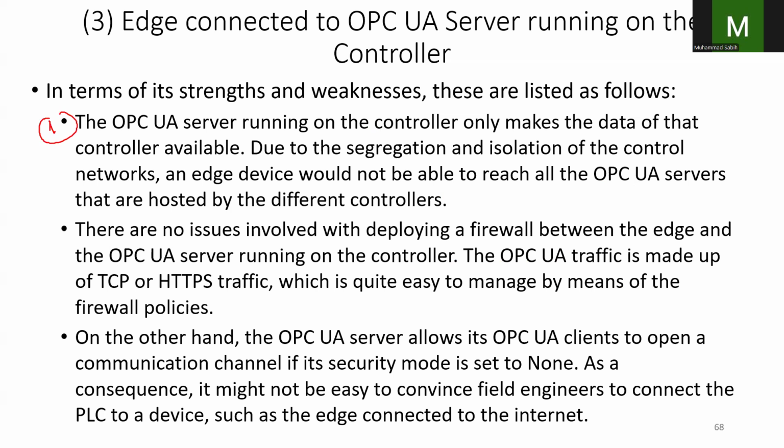Because industrial networks are usually segmented and isolated for security, the edge device would not be able to access other OPC UA servers hosted on different controllers. So the OPC UA will be isolated. This can be challenging in large plants where data is scattered across multiple vendors and multiple controllers.